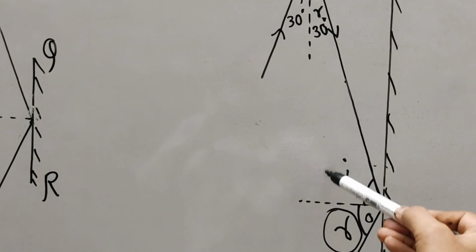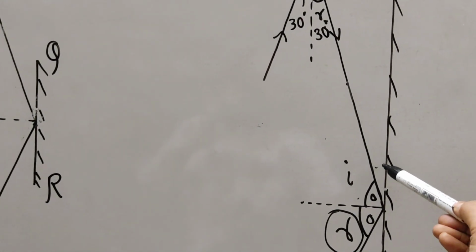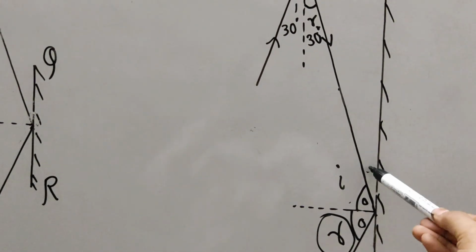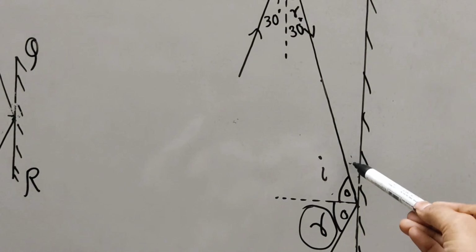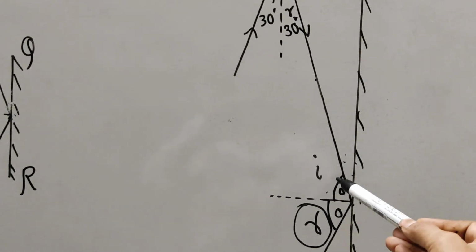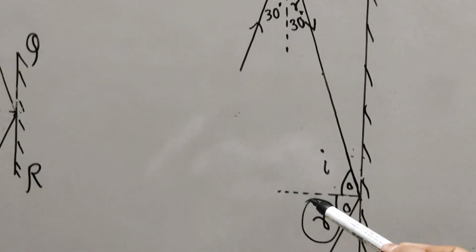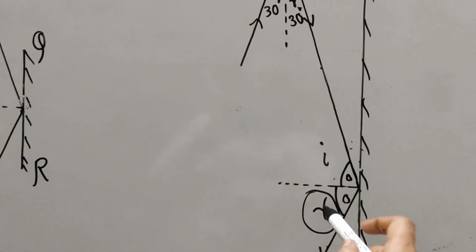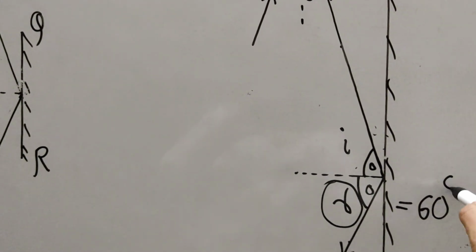So normal means this complete angle should be 90 degrees. And as this is 30 degrees, by the interior angle property for two parallel lines, if this is a transversal and this is 30 degrees, this has to be 90 minus 30, 60 degrees. And we know I is always equal to R. It means our angle of reflection at the second mirror is 60 degrees.